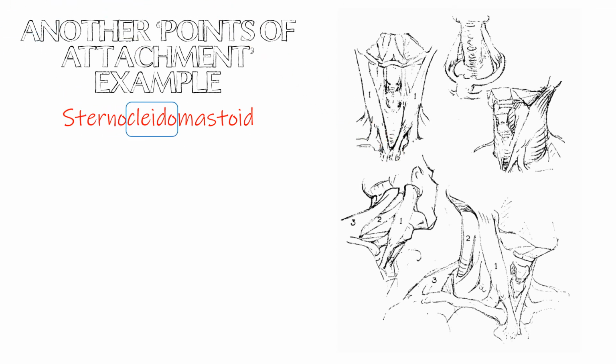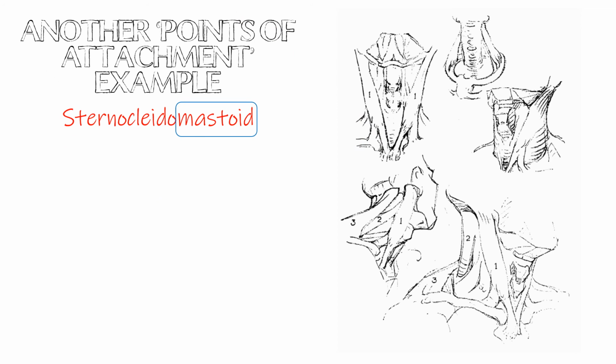Cleido, okay, and this one won't be as obvious, it's coming from the Greek term, but when you see cleido, it's just telling you clavicle, all right, and I've got it circled as well. Again, it's coming from Greek terms, but that's not real important. The main thing is just to start learning the terminology here. So the sternocleidomastoid attaches to the sternum and attaches to the clavicle.